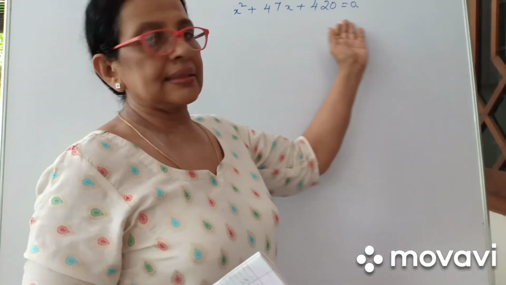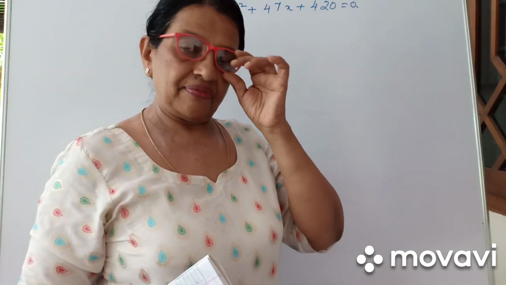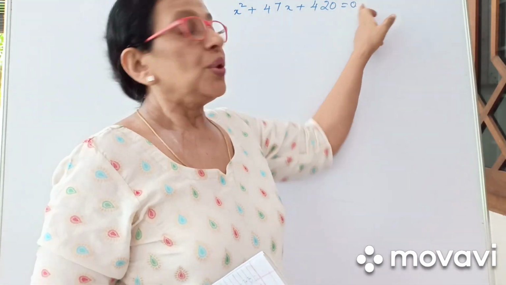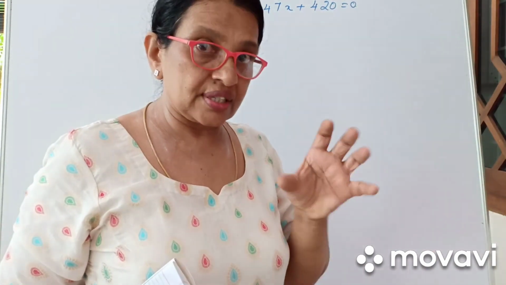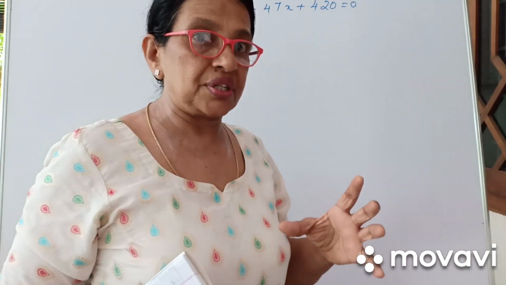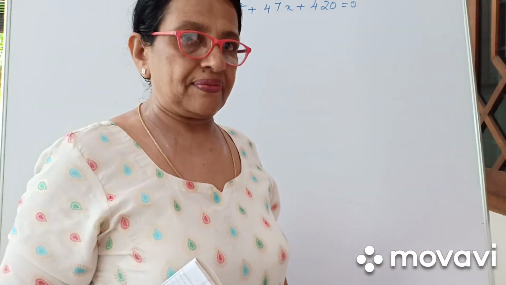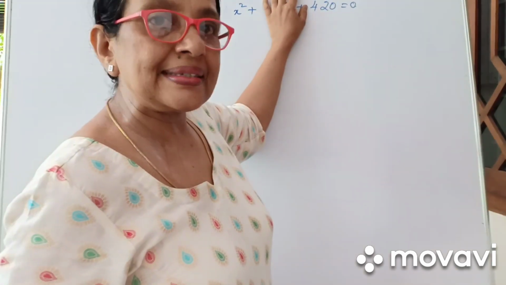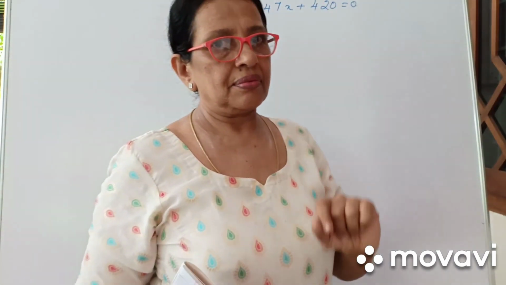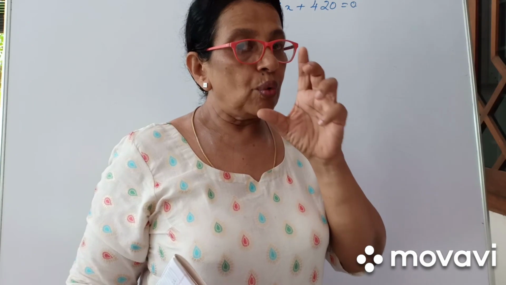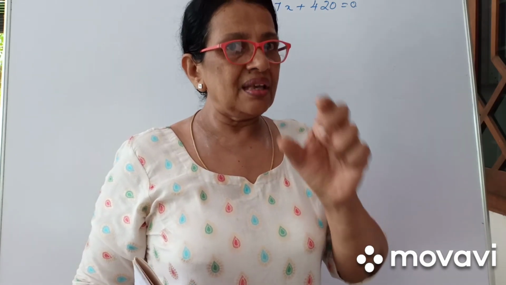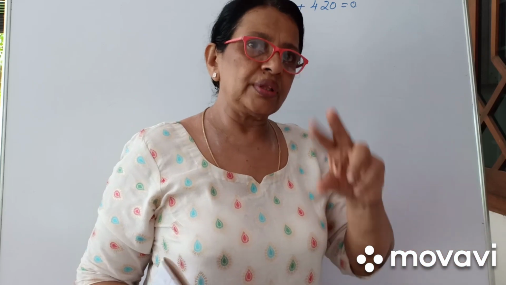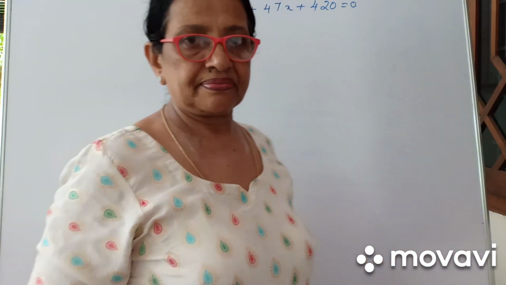When all the three terms are positive, you will get your roots, that means the final solutions, both will be negative. If only the middle term is negative, okay, keep it in mind, then the final answer, both the roots will be positive.